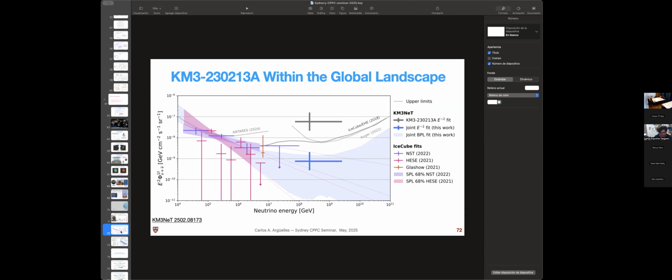However, that is not the correct calculation if you assume that your flux is isotropic. If your flux is isotropic, you have to take into account that other telescopes that are looking elsewhere have not seen anything. And so that gives you the lower flux measurement, which is the blue one.